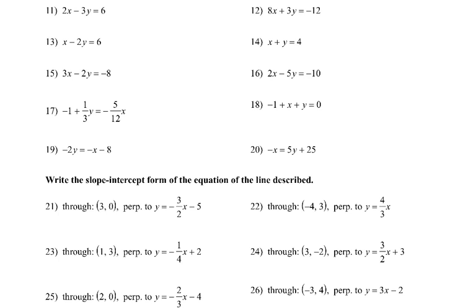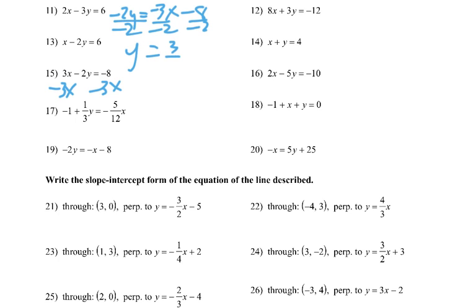Okay, so 15, subtract by 3x. So we'd end up with -2y equals -3x minus 8. Divide by -2. Get y equals positive 3/2 x plus 4. Slope of 3/2 we turn into 2/3 and make it negative.